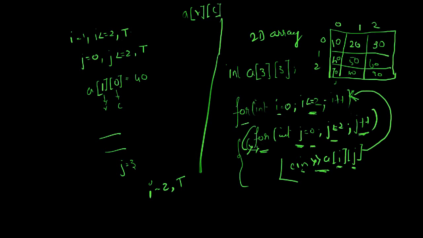Most probably, if you understand the concept of how this is executed and how the values of a 2-dimensional array are taken inside this representation, most of the problems can be solved. So now let us take a simple problem and check.